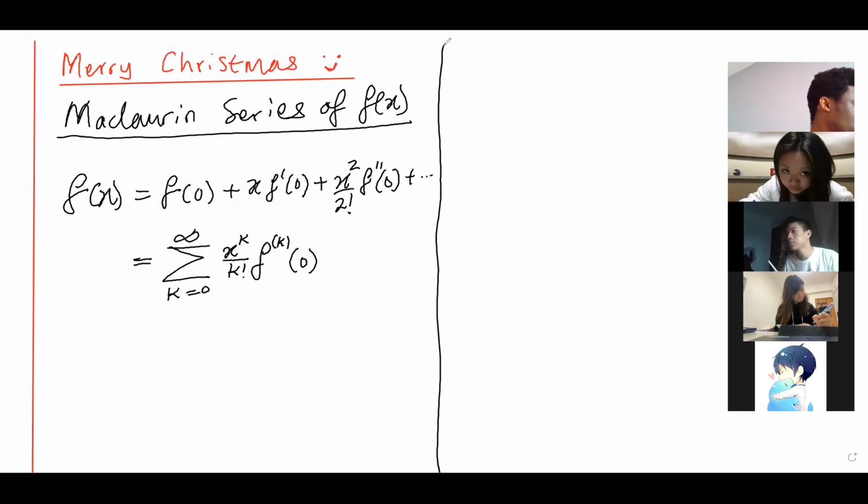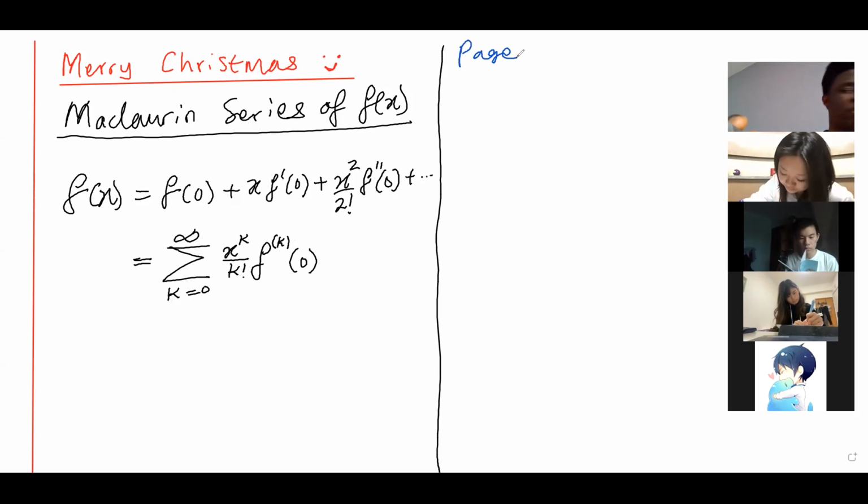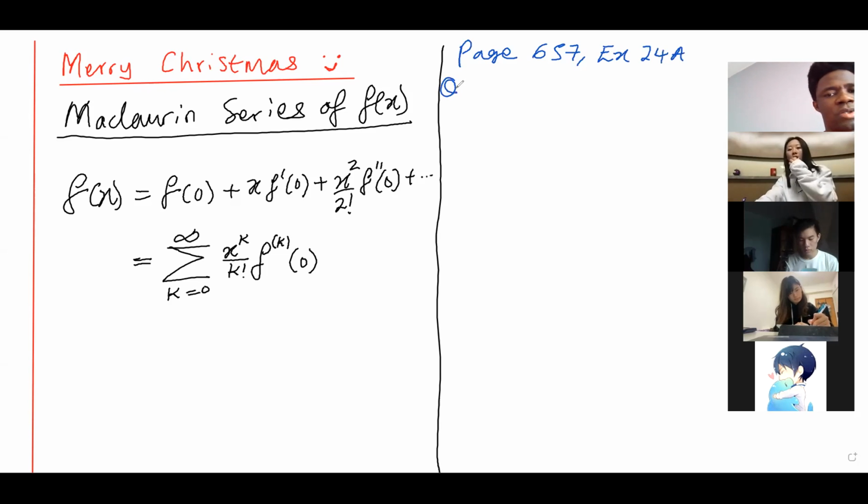So for question 2a of our book, that's exercise 24a, page 657. Question 2a says, derive the Maclaurin series representation. It's been given already, we just have to derive it.